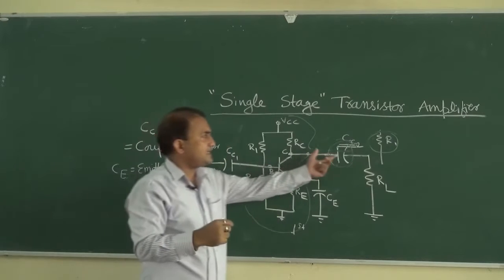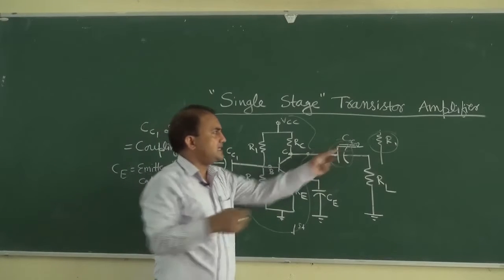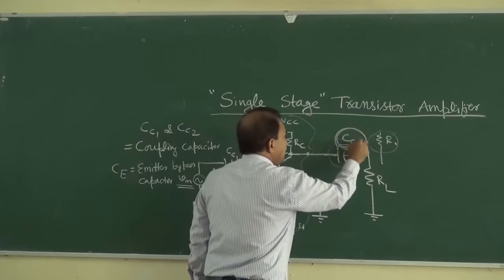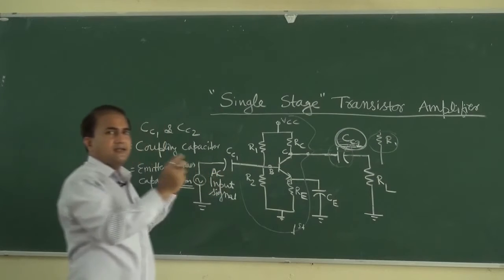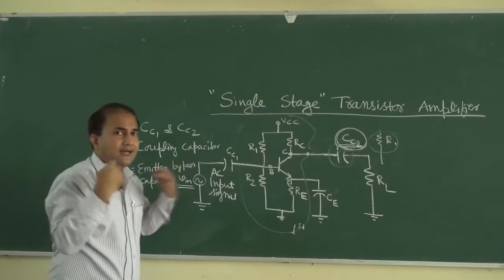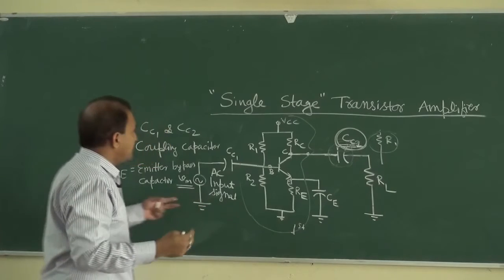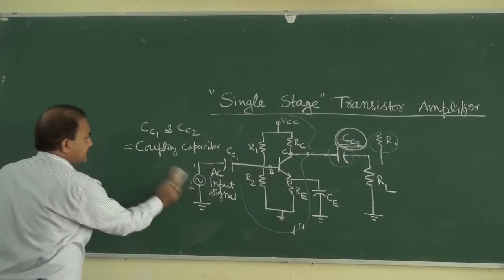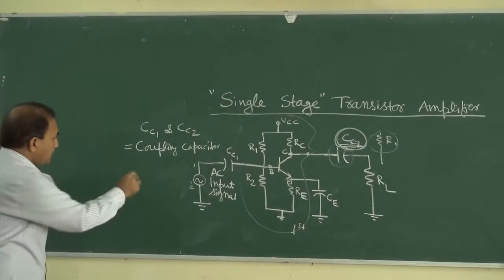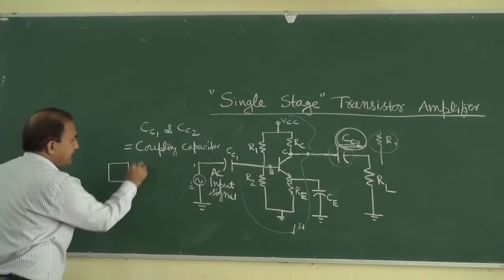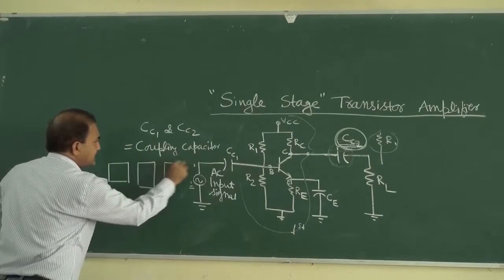So this CC2 can generally be used for coupling several single stage amplifiers to make a multi-stage amplifier. Okay, so this is the use of coupling capacitor. Why are we coupling various single stage amplifiers?